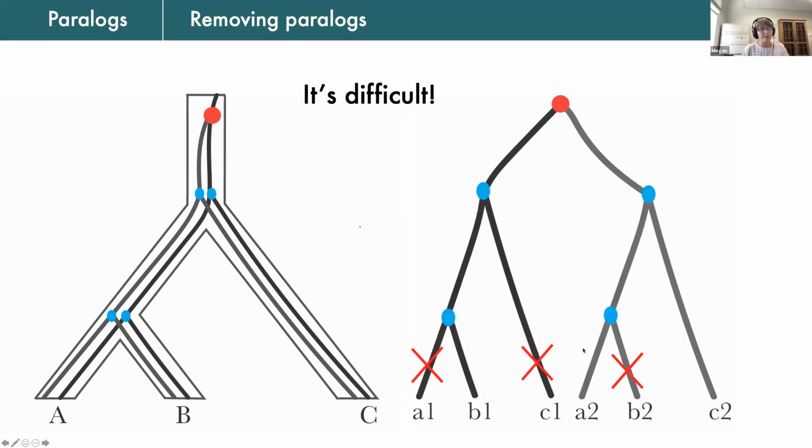But we also have gene loss. Imagine we lost copy 1 from species A and C and copy 2 from species B. This is going to lead to a gene where we have 1 copy sampled from each species, but some of those copies are related through gene duplication events, not speciation events. And so it's actually quite difficult to make sure we're actually removing all of our paralogs.